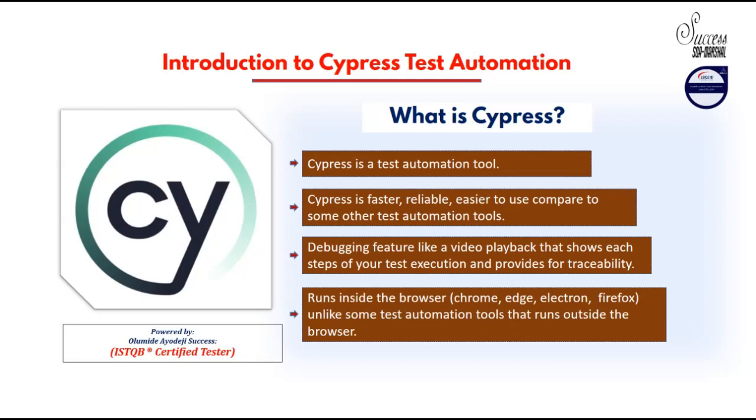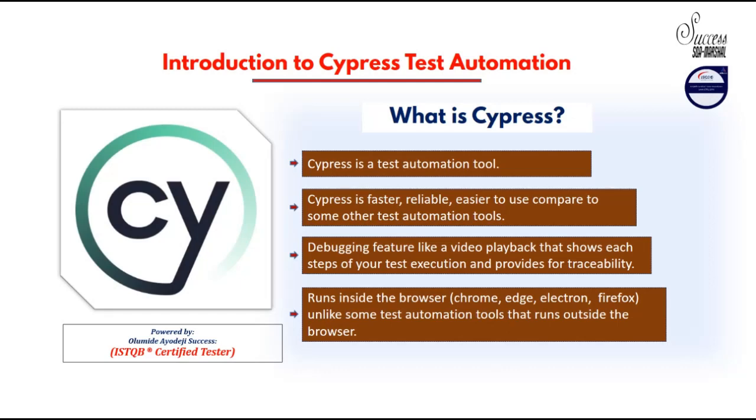What this means is that Cypress does not communicate with an external Chrome driver, where it compiles its code and then communicates via that Chrome driver to the web browser. The way Cypress is built is that it communicates directly with the web browser because it is running right on it.